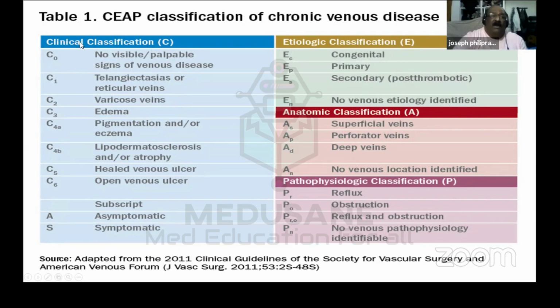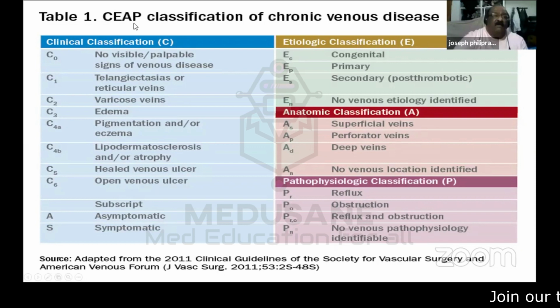C stands for clinical classification, E stands for etiological classification, A stands for anatomic classification, and P stands for pathophysiologic classification. So you must remember the CEAP classification of chronic venous disease. Now, when it manifests longer than 6 months to 1 year, you call it chronic venous disease. And the classification is known as the CEAP classification.